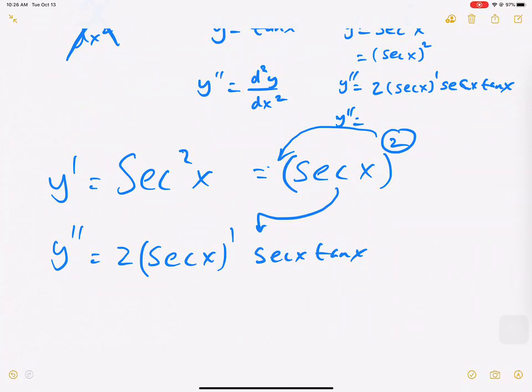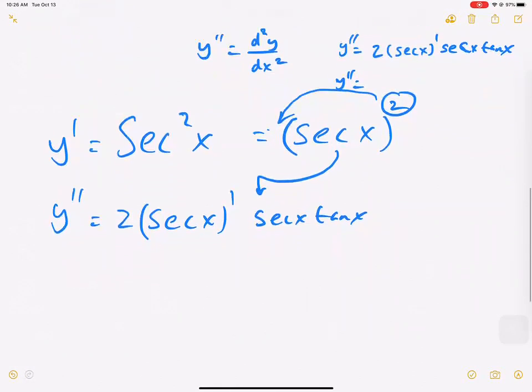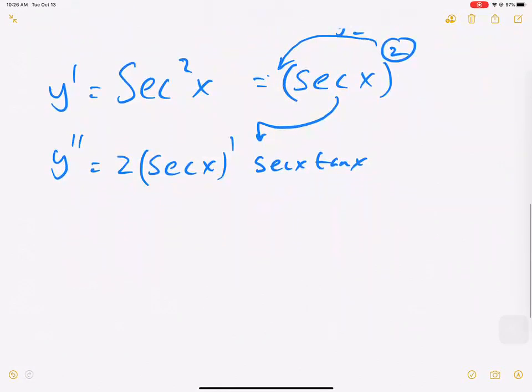So what was the rule again? Chain rule is always take the derivative of the outside first, followed by the inside. To repeat the official rule, let's say d over dx of f of g of x, where g is inside a bigger function f.